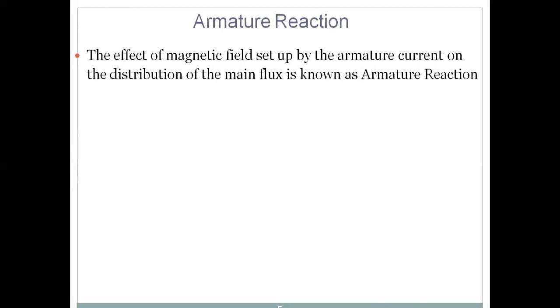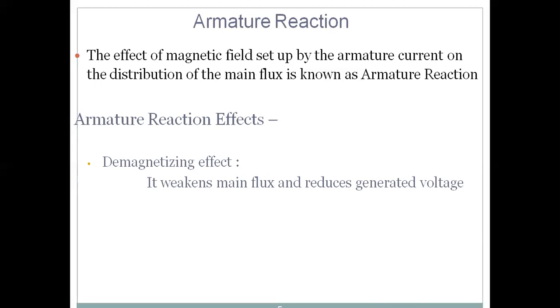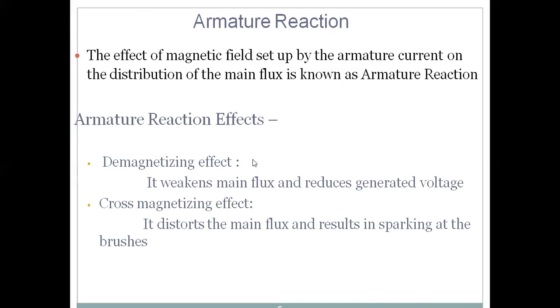The reactions are of two types. One is the demagnetizing effect, another is the cross magnetizing effect. The flux set up by the armature current weakens the main flux. When the main flux weakens, it reduces the generated voltage.